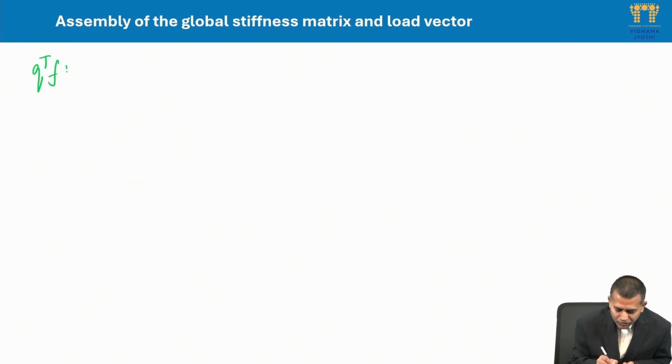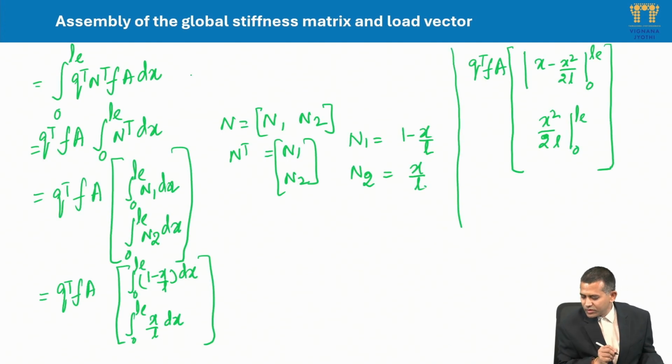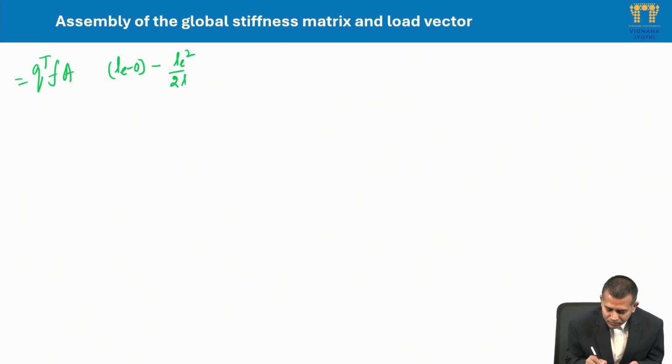Q transpose f into A, right? So I have the terms like x, so I'll get LE minus 0 for the first term, and minus LE square by 2 LE for the second, so 2 LE, right, minus 0. So this is the first term I have.